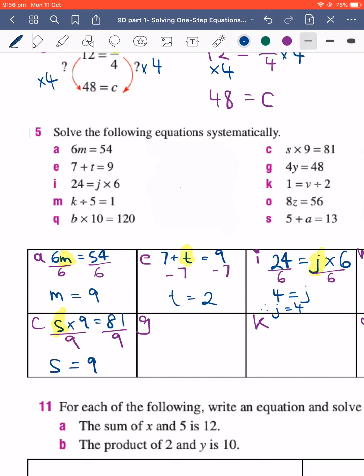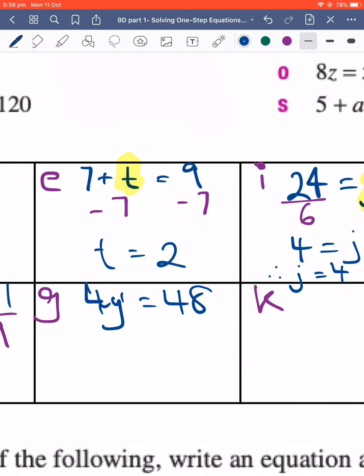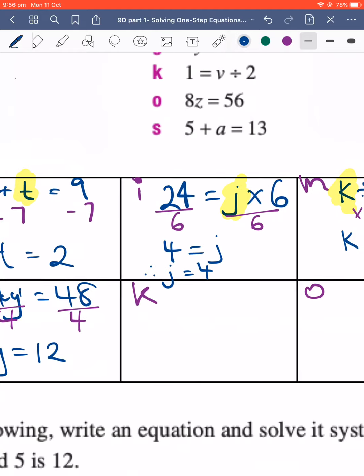Okay, G, we have 4y equals 48. So this means that I am multiplying by 4. So if I'm going to do the reverse, I'm going to be dividing by 4 to each side. So I end up with y, and 48 divided by 4 gives us 12. Nearly done.